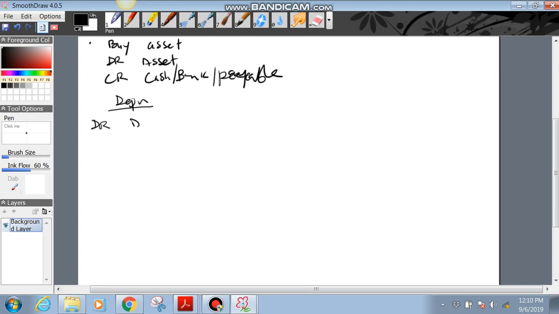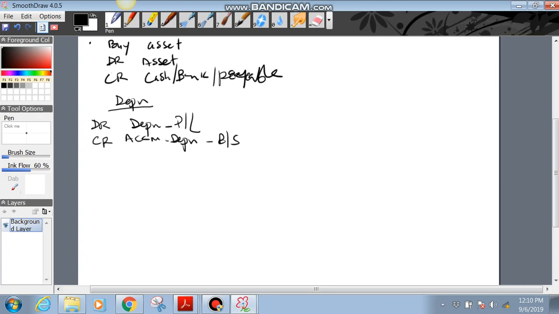You debit depreciation, which goes to P&L, and you credit accumulated depreciation, which goes to the balance sheet. You do not credit the asset. Now the first entry you did on the asset went to the balance sheet as a debit.